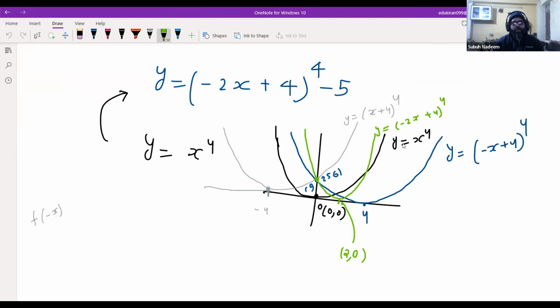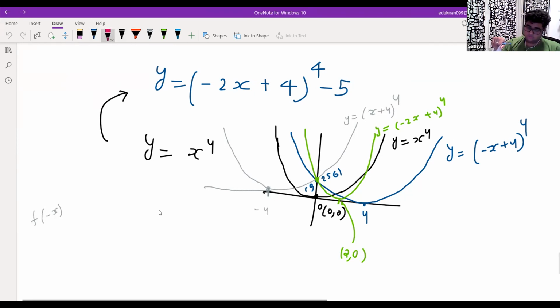Okay. Now minus 5. So which rule will we use for that? Is it y equals a f(x)? No, a is not getting multiplied. It is minus 5.